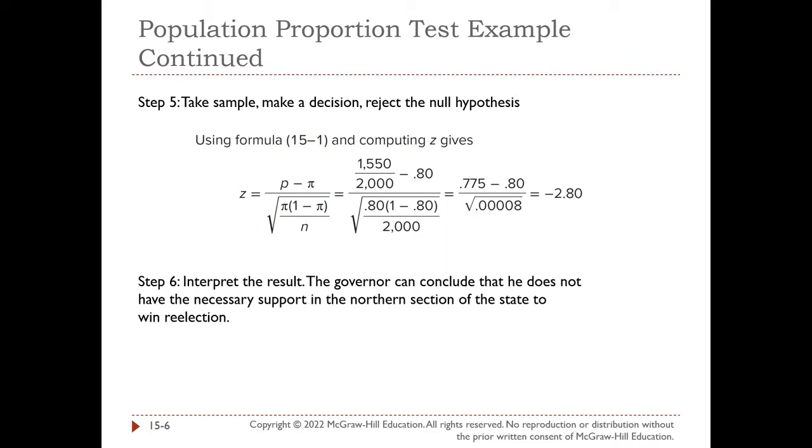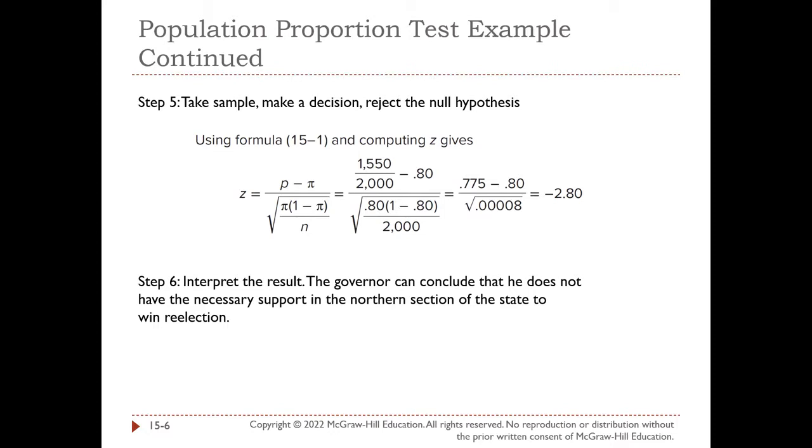Well, 1,550 divided by 2,000 equals 0.775, minus 0.80. So we're going to show a little bit of a negative there. And we insert our pi, 0.80, times 1 minus 0.80, divided by 2,000, the number of people we surveyed.